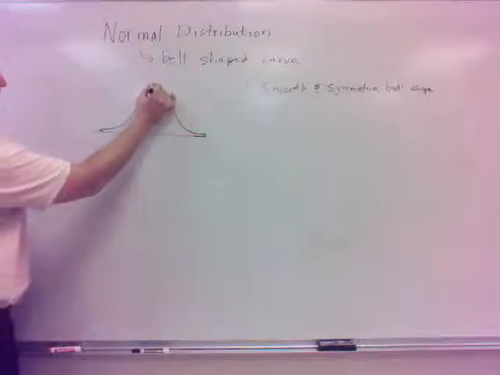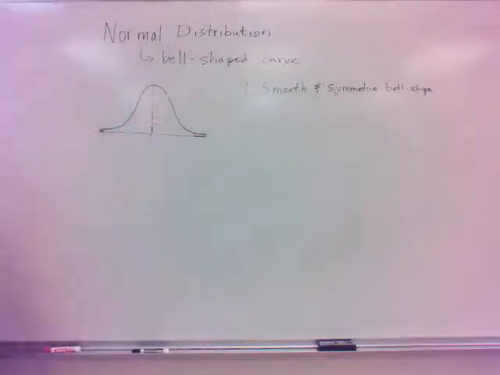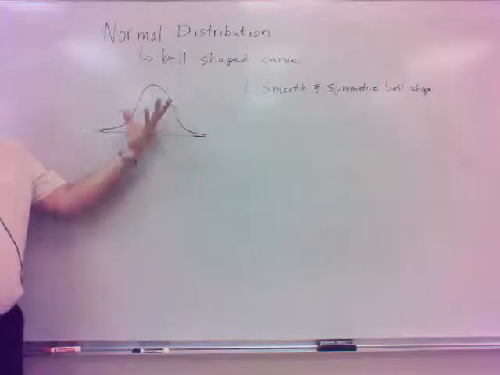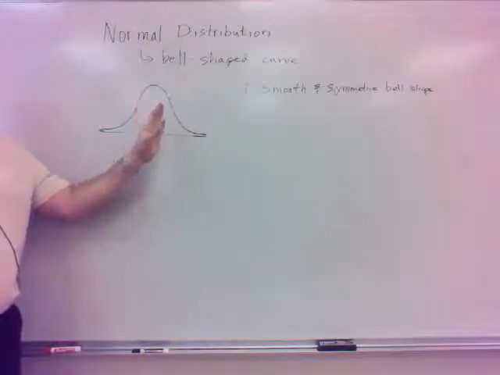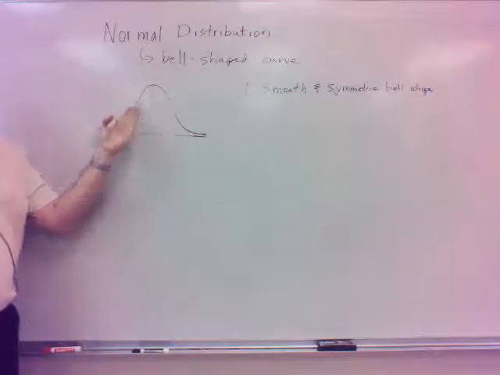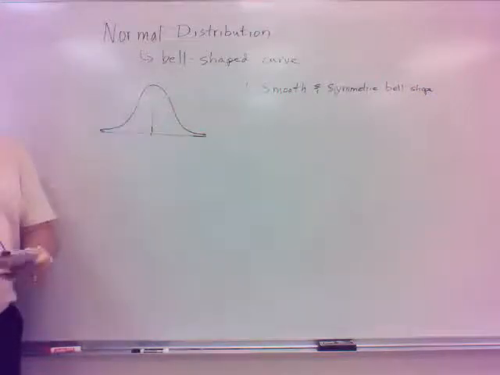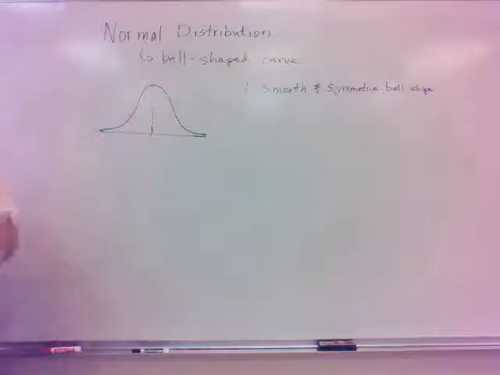So if I kind of draw a line down the middle, what this is saying is they're the same on either side. This side is the mirror image of this side, and vice versa. So it's the same on either side. Okay? I'll speak more about that in just a second. All right.